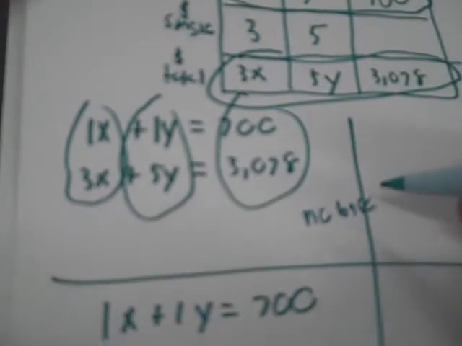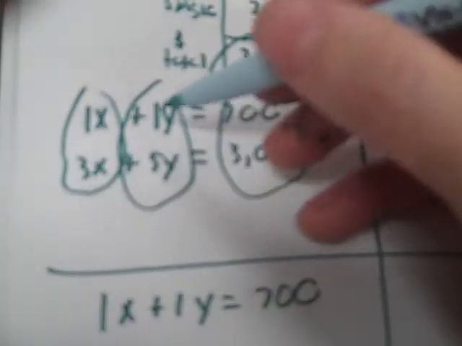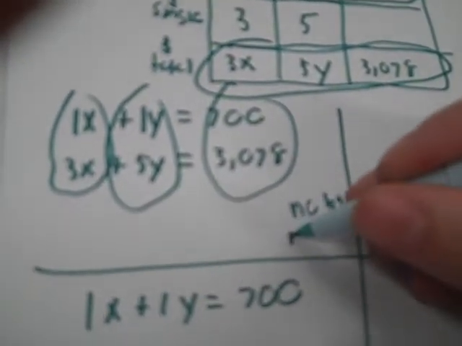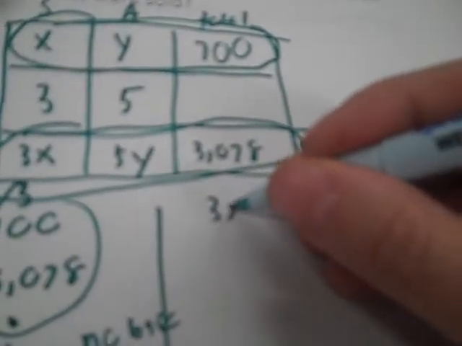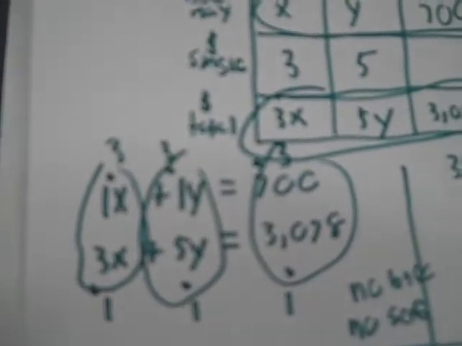Okay, not only is there no base, there's also no same. 1 and 3 aren't the same, neither are 1 and 5. So no base, no same. So we got to do the dot, dot, dot. So I have 3, so 3, 3, 3. And then 1, 1, 1, 1. Okay, so 1 times 3 is 3 with x. 1 times 3 is 3 with y.